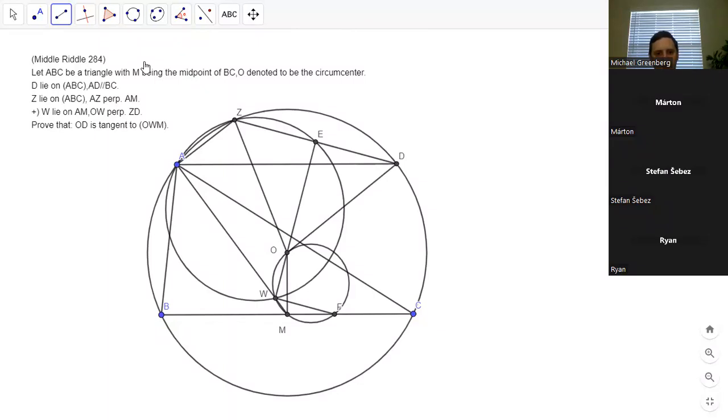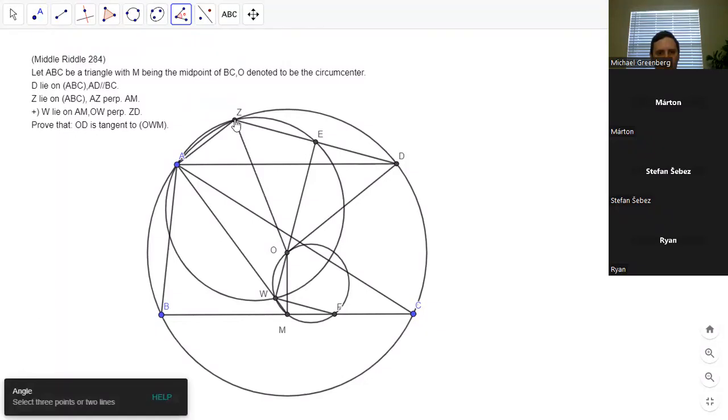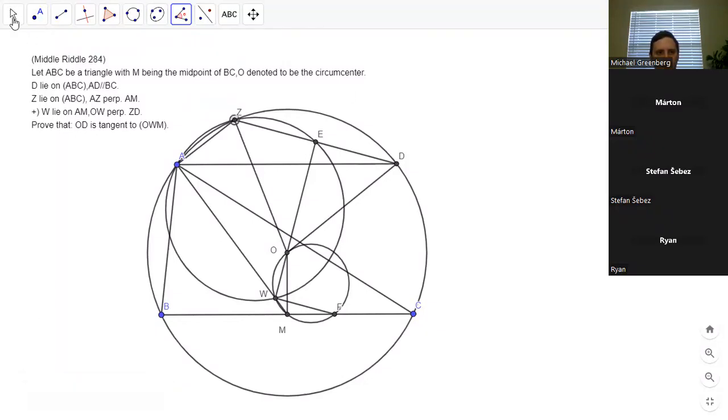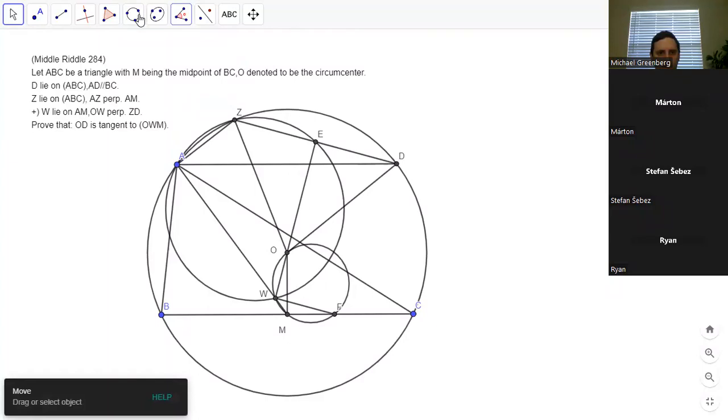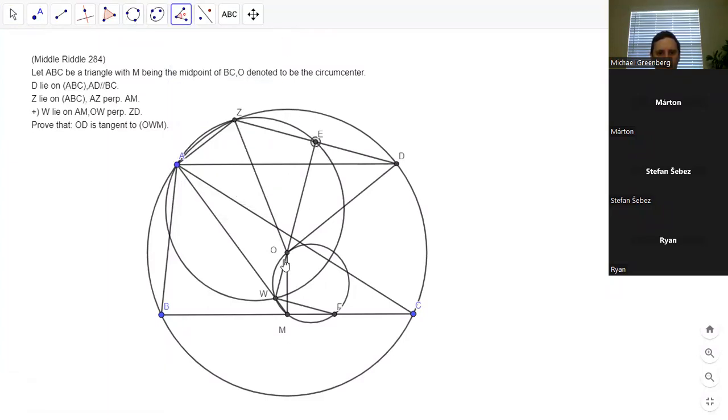I think it might. I think the problem might be equivalent to that. Oops, let me do it the right way. ZOE and then OMW. Yep. So yeah, I think the problem is equivalent to that.